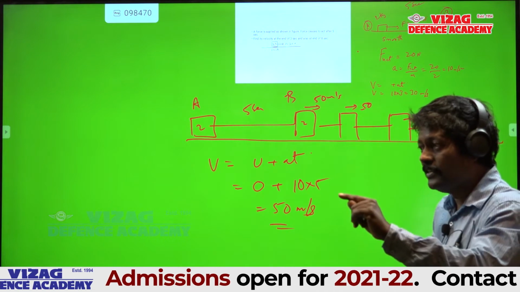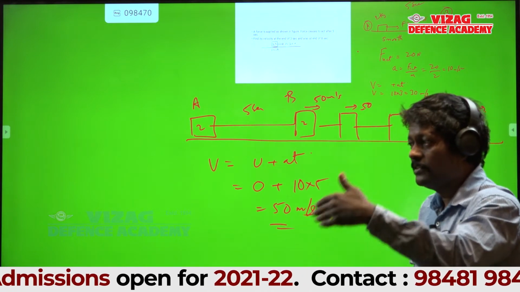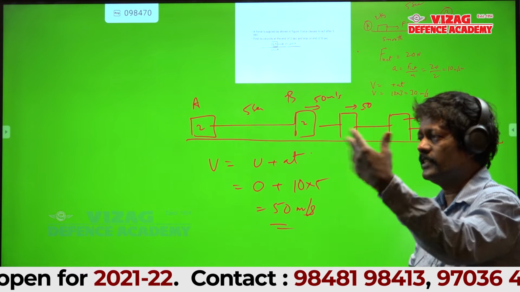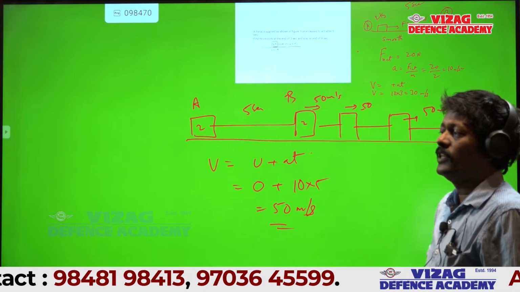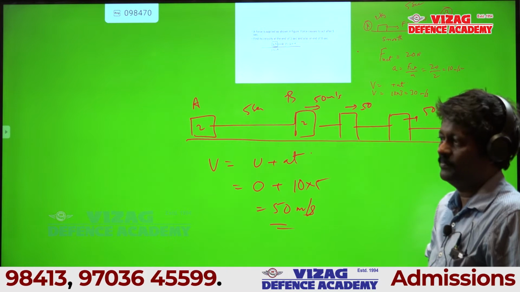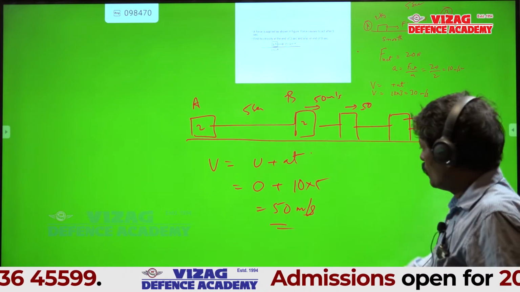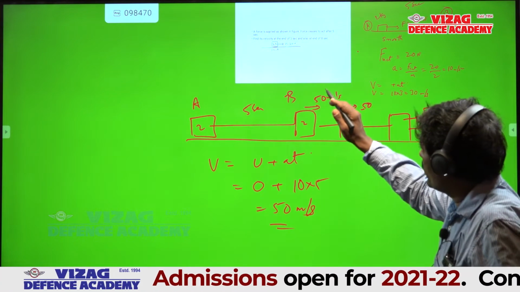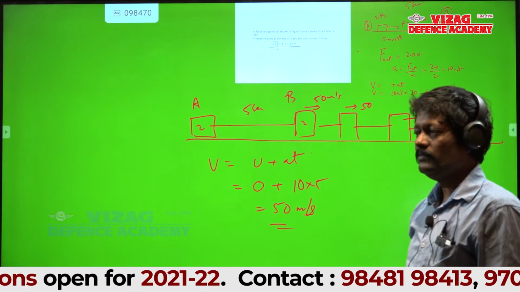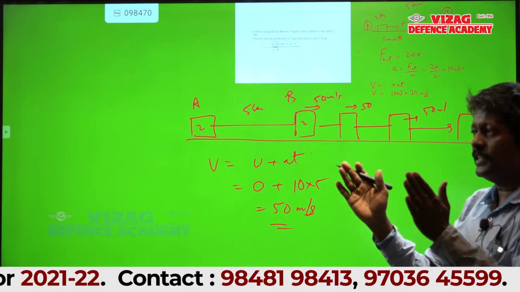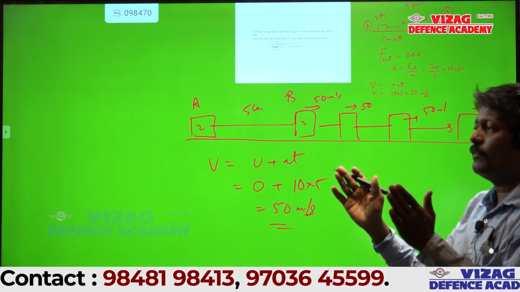After 5 seconds, the 6th second, 7th, 8th, 9th, 10th, 11th, even the 100th second, the velocity remains constant. So whatever velocity it acquired at the end of 5 seconds, there is no force afterwards.